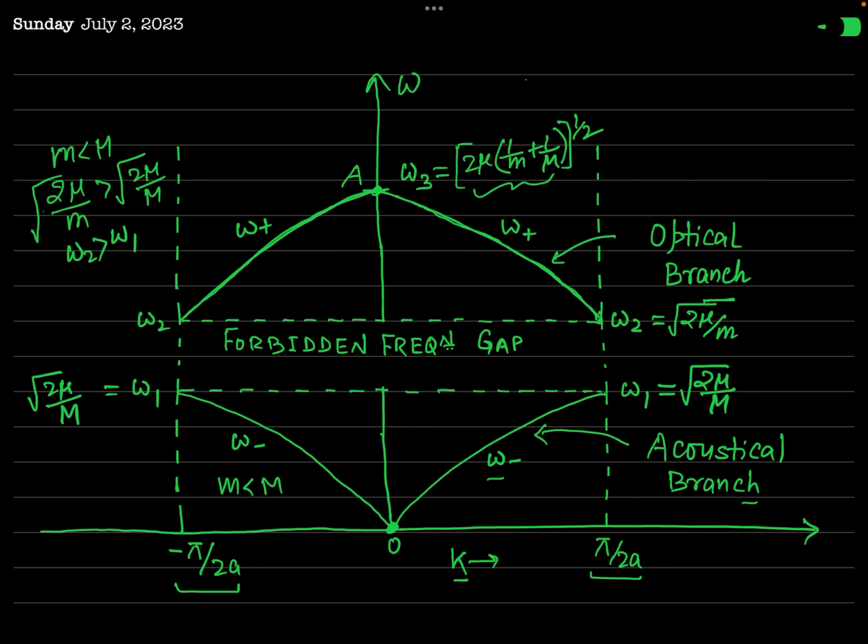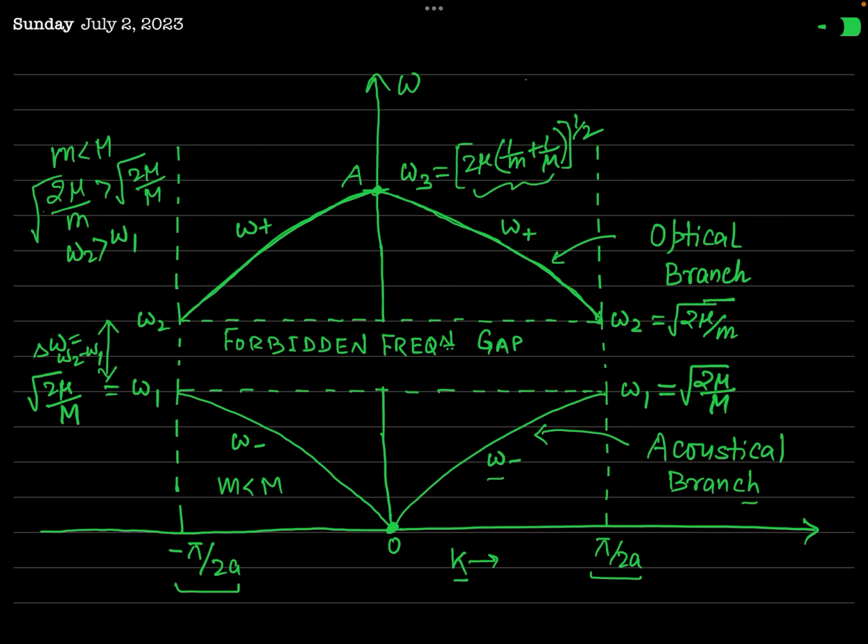So there is a frequency gap between these two branches. The optical branch and the acoustical branch are separated by a frequency gap, delta omega, and that delta omega will be equal to omega 2 minus omega 1. You can see in this figure I have written here forbidden frequency gap.